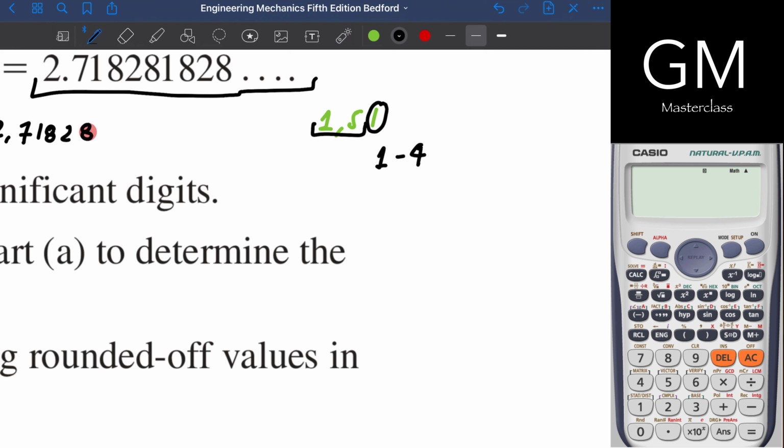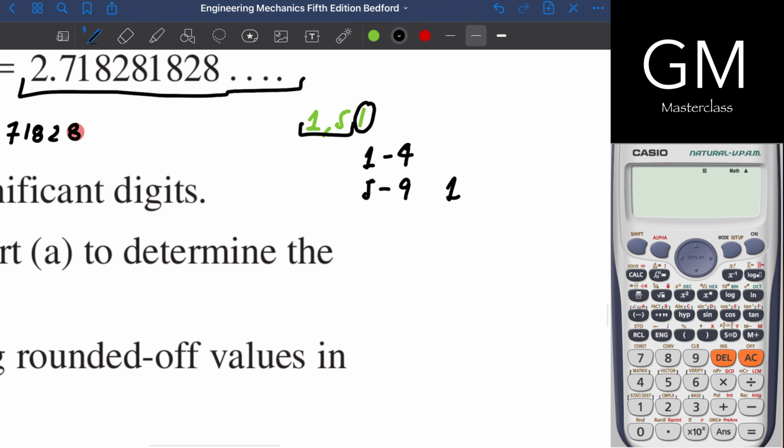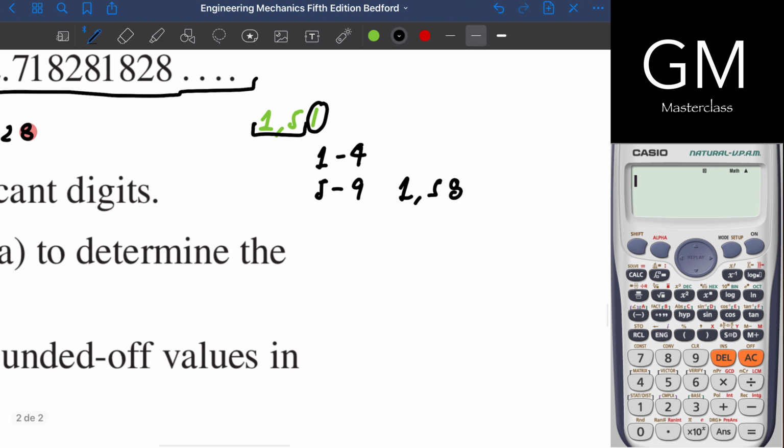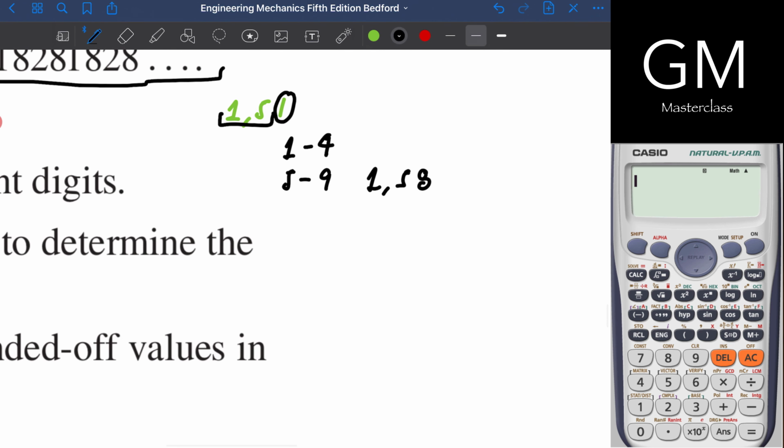And if we have a number which is between 5 to 9, for example 1.58, and the exercise tells us to take into account the first two digits, it is important for us to approximate to the next digit, in this case 1.6.